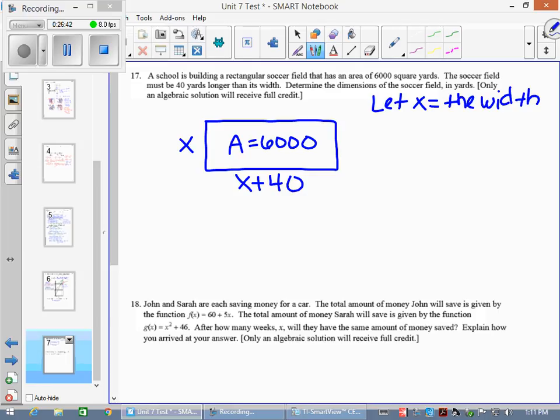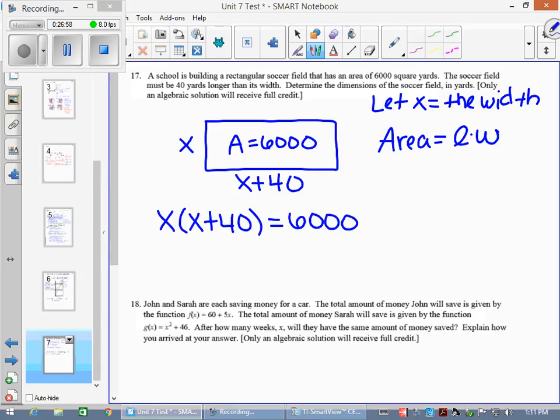So in terms of what I have here, my length times my width is going to be equal to that 6,000 square yards. They want me to determine the dimensions, meaning they want me to actually determine the length and the width. And it does tell me here that only an algebraic solution receives full credit. So if you guess and check on a question like this, you get 1 point. This is worth 6. So you have to show your work.